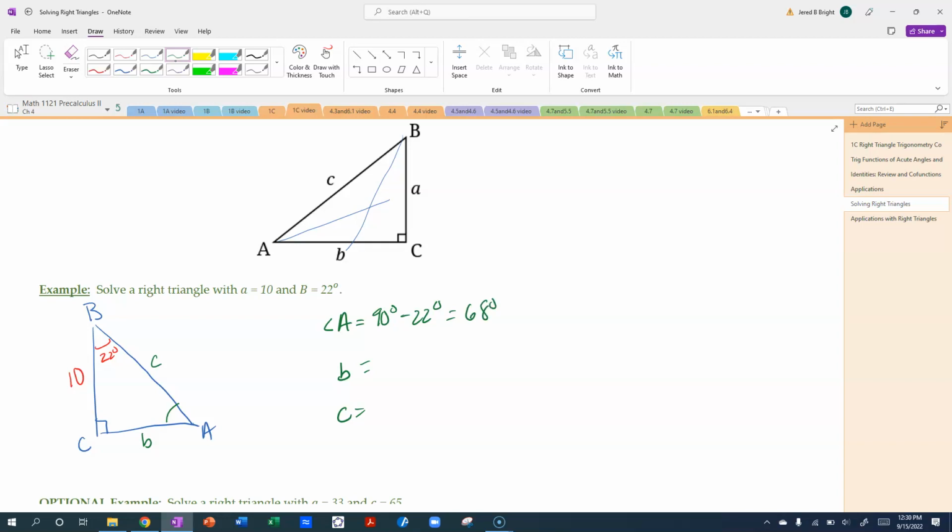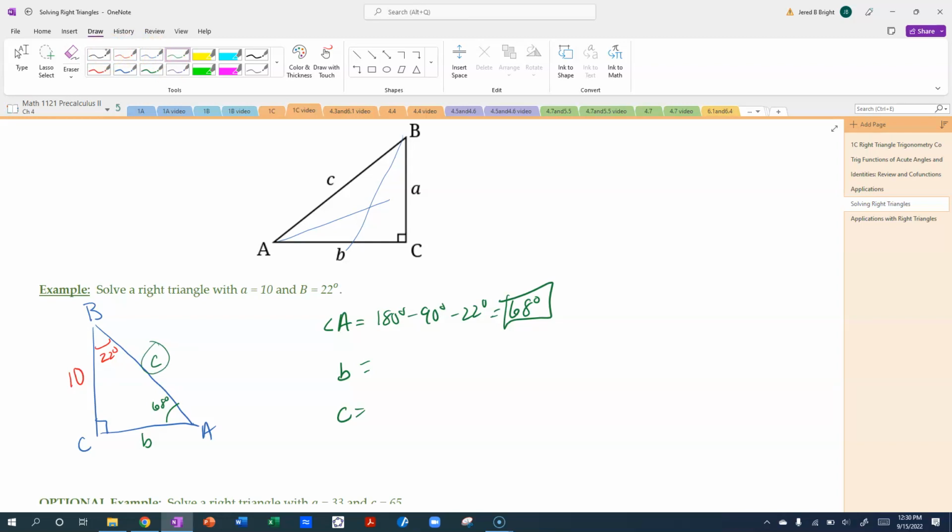You could also use the angle sum property and do even more: 180 degrees minus 90 degrees minus 22 degrees, you end up getting the same thing of 68 degrees. So we get angle A. Oops, not 6.8, 68. Next, let's pick, well, I don't know, let's pick C. Let's try and find C next.